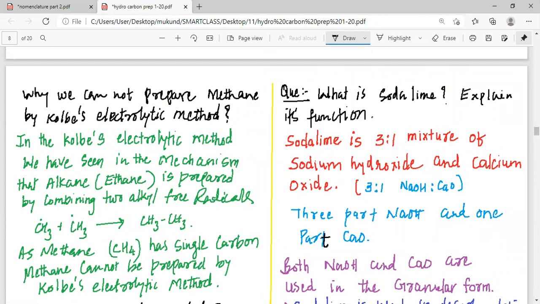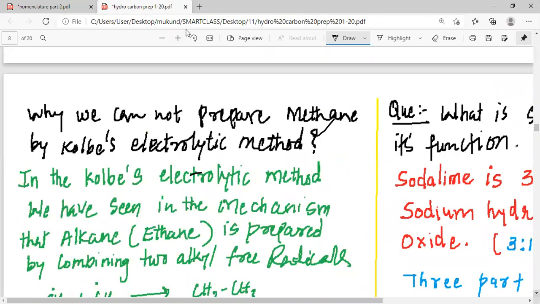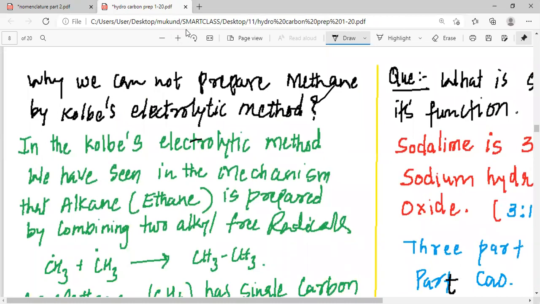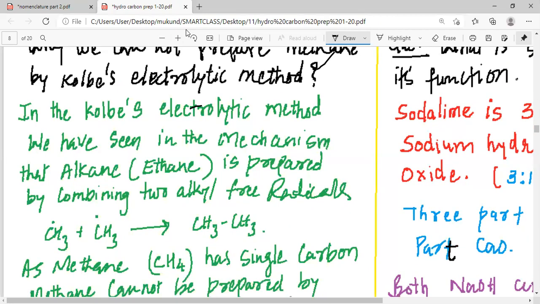Why can we not prepare methane by the Kolbe's electrolytic method? Let us answer this question. Dear students, in Kolbe's electrolytic method, we have seen in the mechanism that an alkane, or ethane, is prepared by combining two alkyl free radicals.